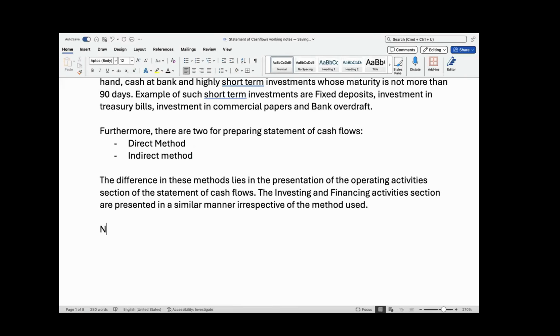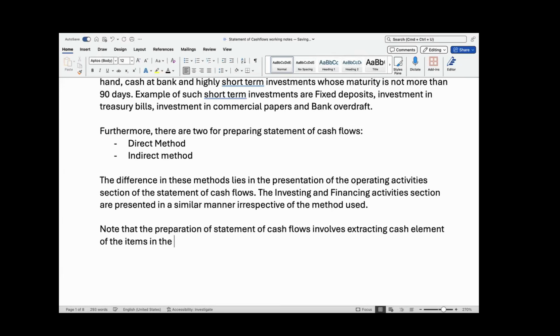Note that the preparation of statement of cash flows involves extracting cash elements of the items in the statement of profit or loss and statement of financial position.